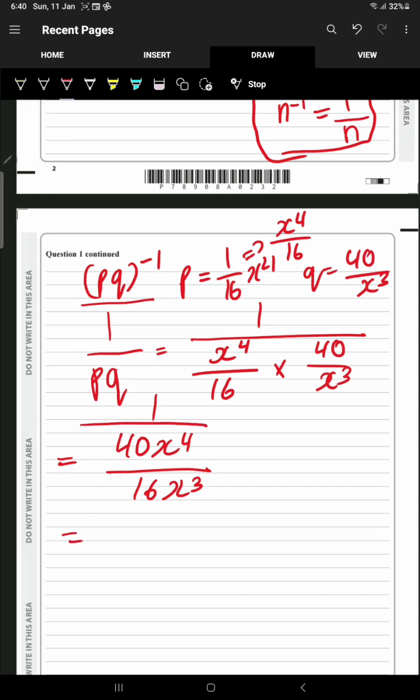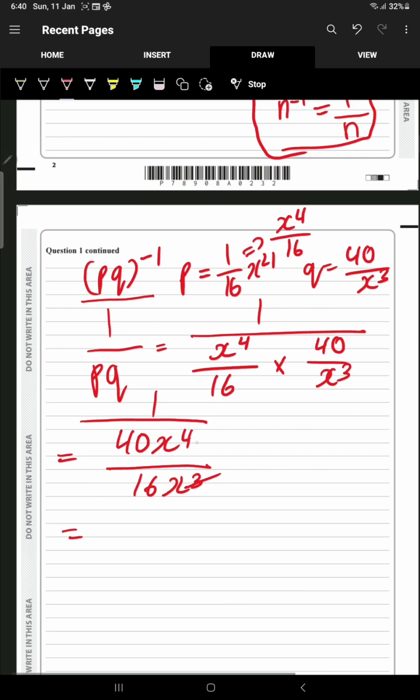Now you can divide the powers. Whenever the powers are divided, you have to minus the powers. So this is going to leave us with x to the power of 1, since 4 minus 3 is 1.